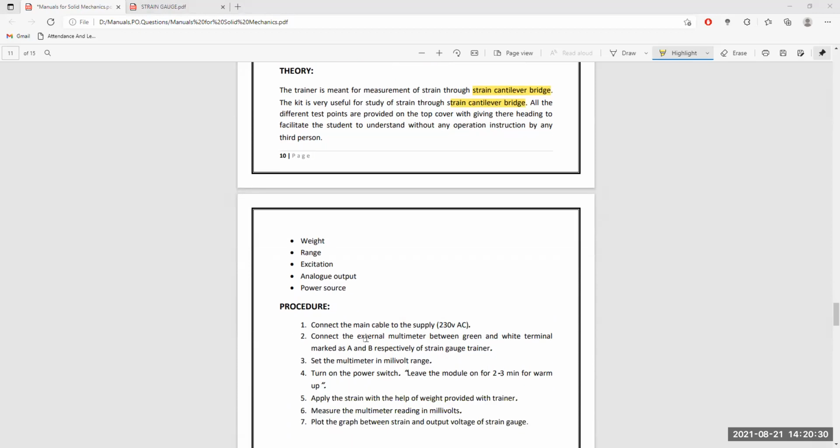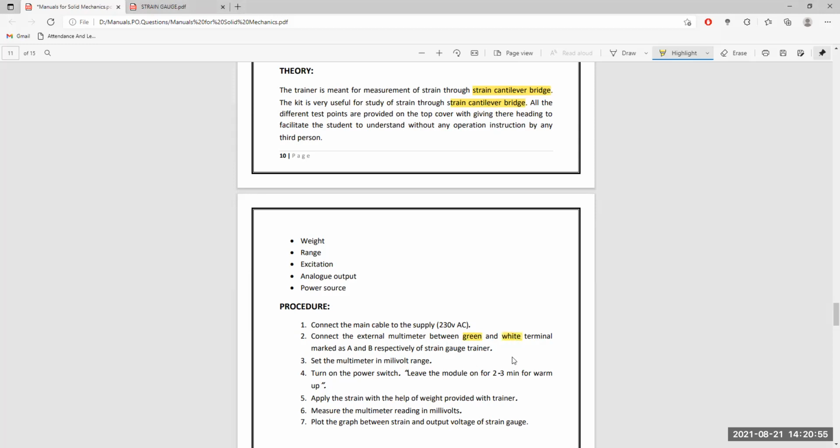Procedure. Next, we have to connect the main cable to the supply. Next, we need an external multimeter connected between the green and white terminals, marked as A and B, of the strain gauge trainer. One is the green and another is the white terminal.